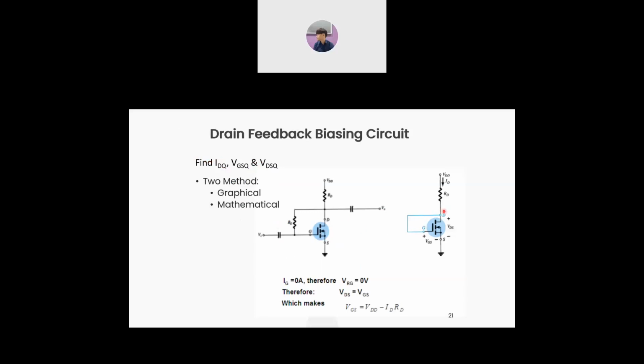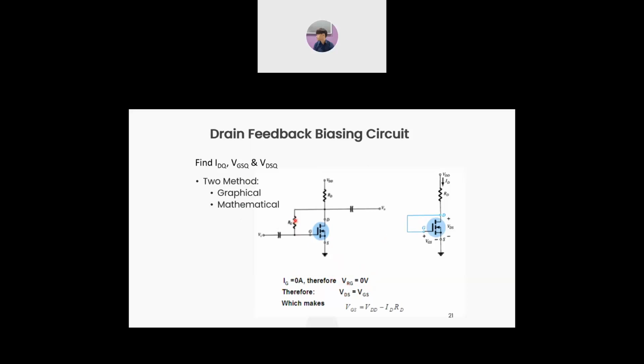So why do we suddenly not have RG anymore? We simplify the circuit because IG is 0 ampere for all FET in general. If IG equals 0, there is no VRG.